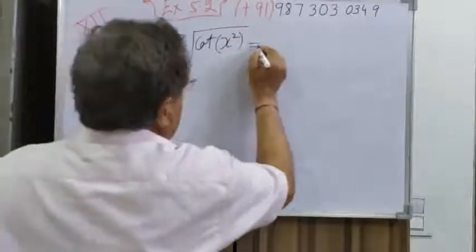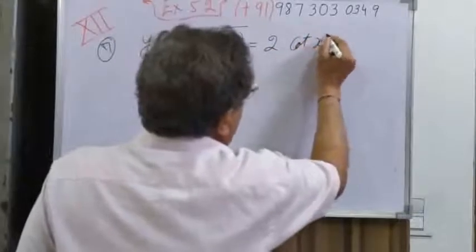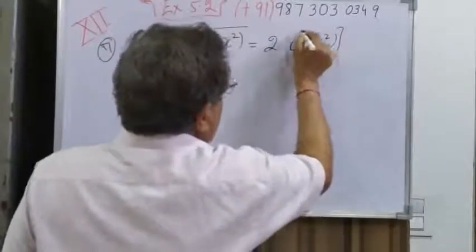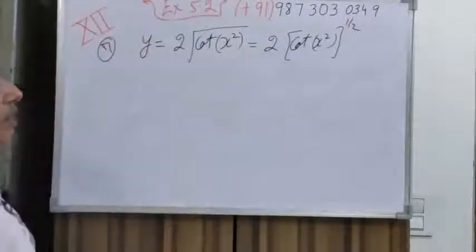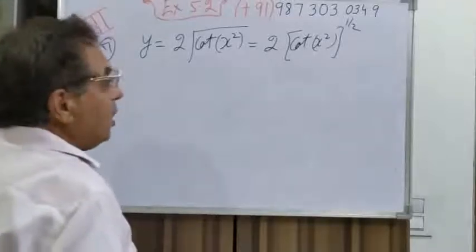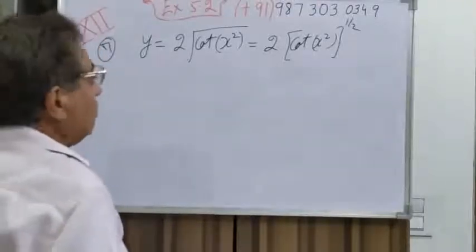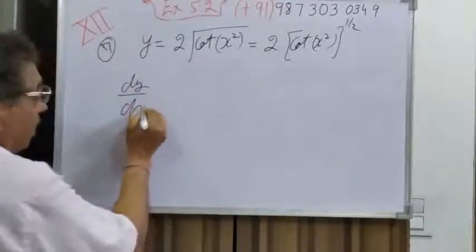In simple form, we can write cot of x square to power 1 by 2. The square root sign gives us exponent 1 by 2. So now we have to differentiate, dy upon dx.